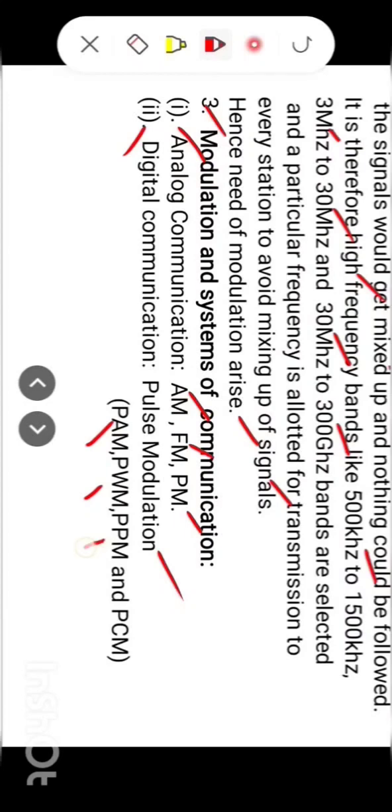And third one is pulse position modulation PPM, and fourth one is pulse code modulation PCM. So this way we have different types of modulation with different systems. Accordingly we'll take up one by one.